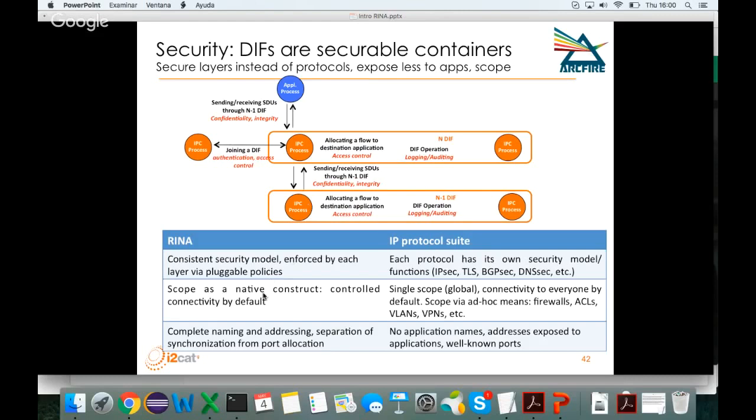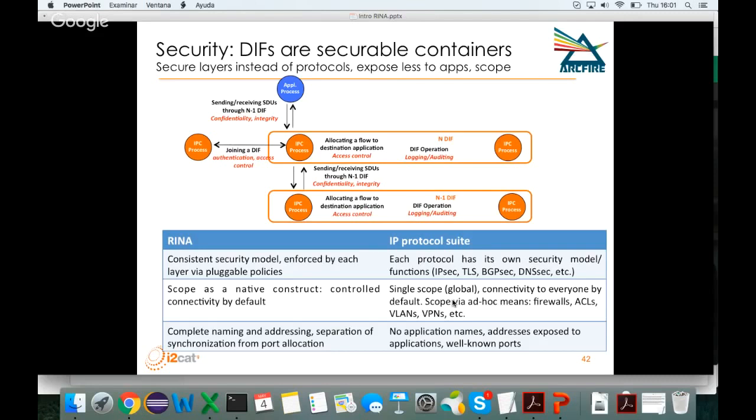Also, each layer limits the scope of connectivity. So each layer just allows you to reach a limited number of IPC processes. In contrast, in the internet, you assume that everything wants to be connected to everyone by default, always. And then you have to use extra resources to provide further isolation, like firewalls, ACLs, VLANs, VPNs, and so on.